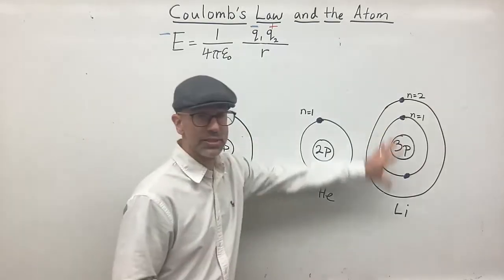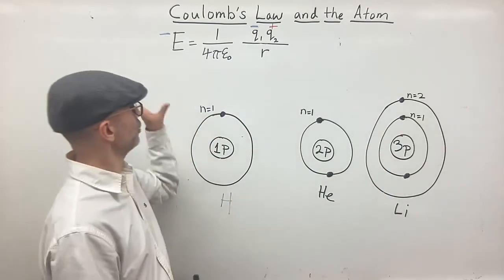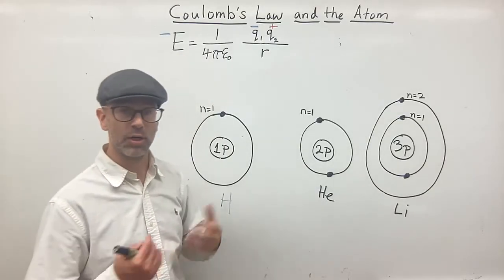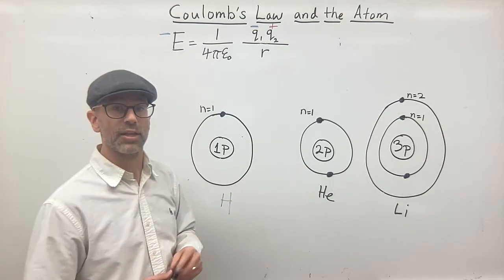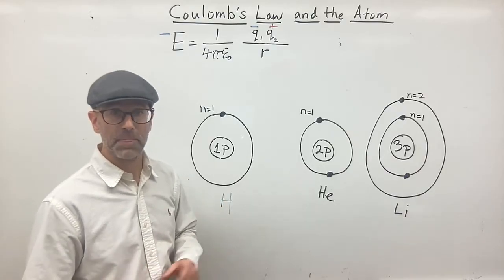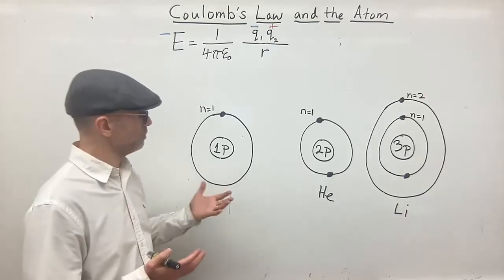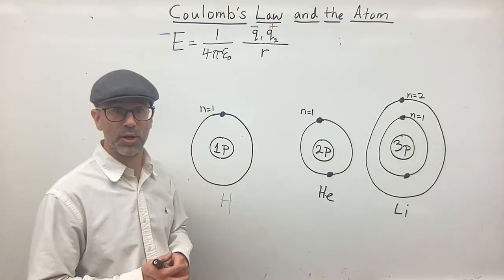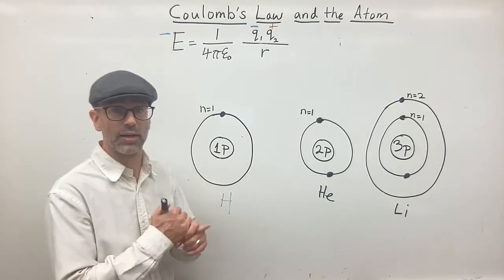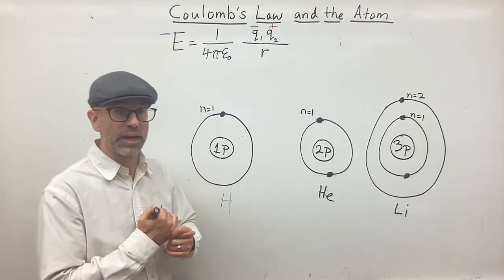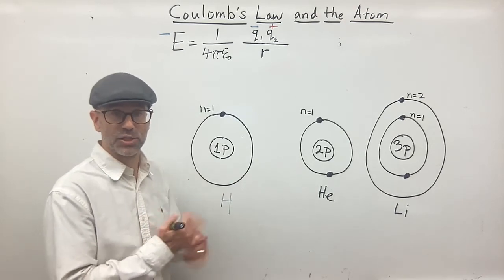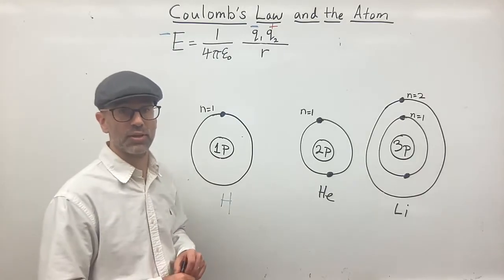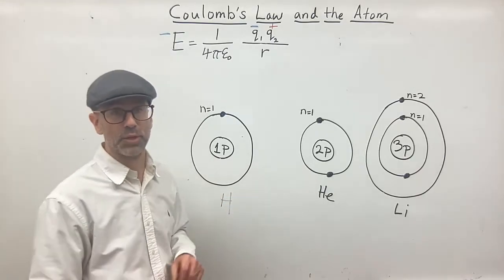So understanding what's going on in the atom with regard to Coulomb's law helps us in the end to understand what's going on with the periodic trends. This is really the background for understanding periodic trends: why does the effective nuclear charge change the way it does when you go across the periodic table, left to right?